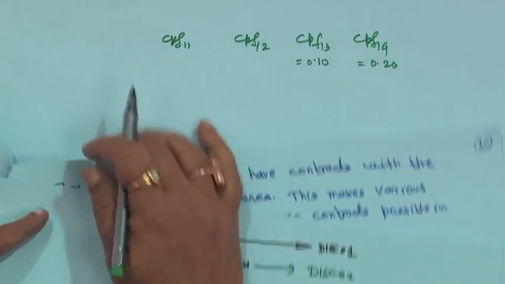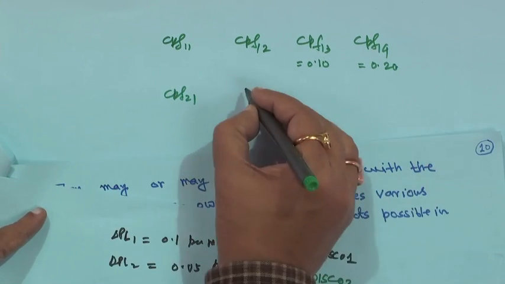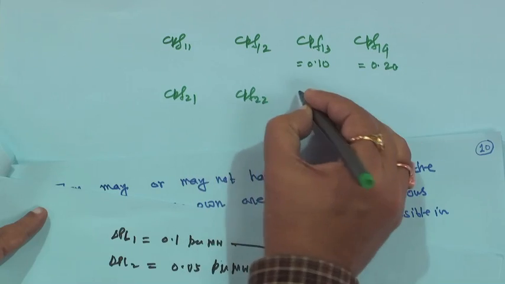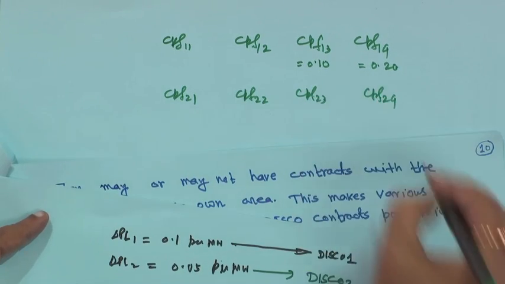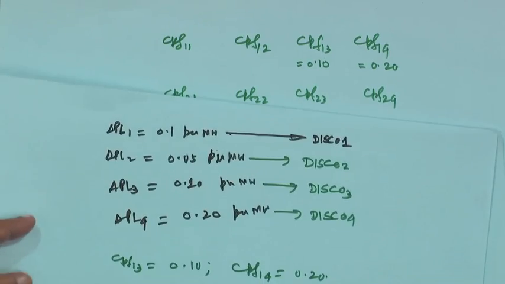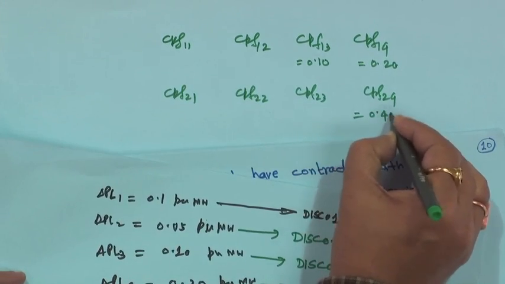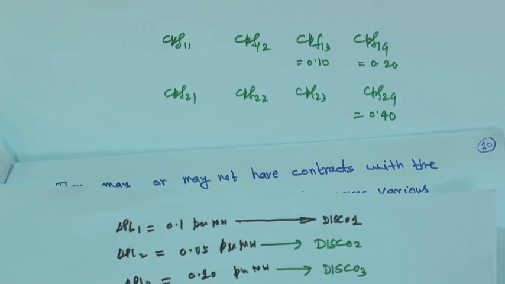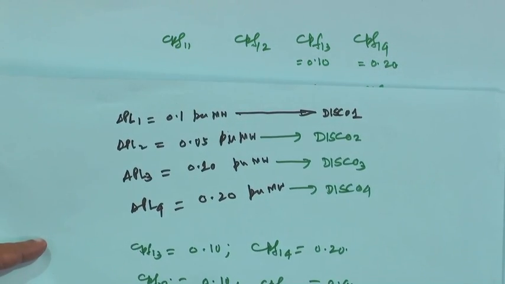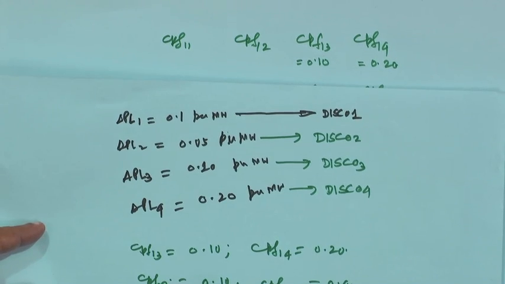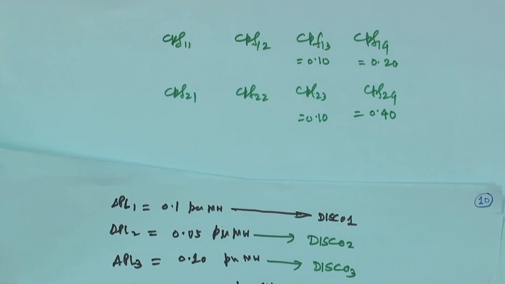Next you come to CPF 21, CPF 22, then CPF 23, then CPF 24. CPF 24 is 0.40, and CPF 23 is 0.10, right.